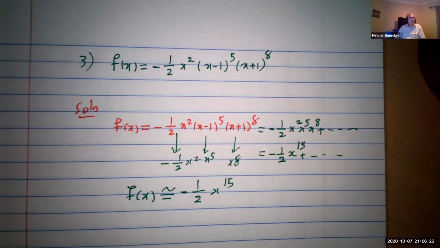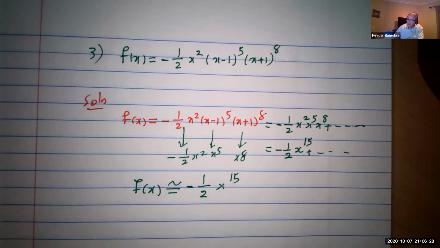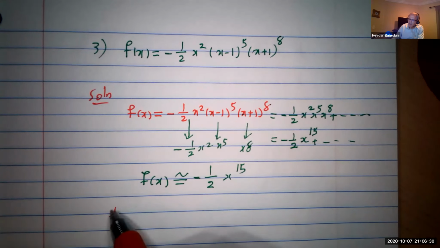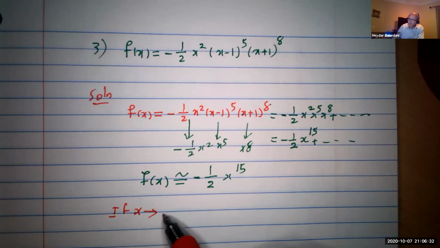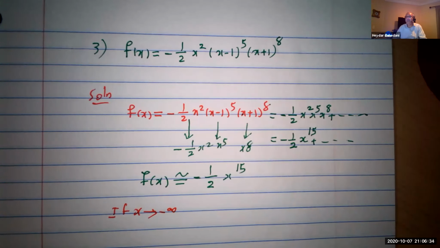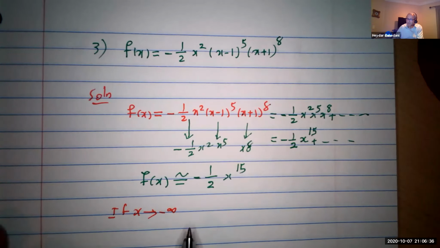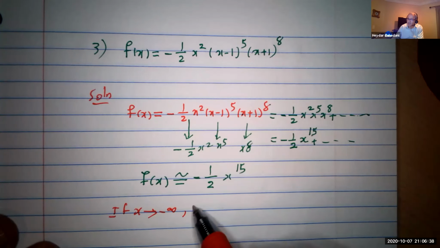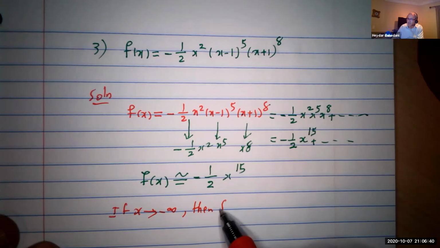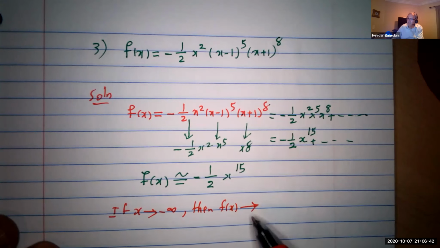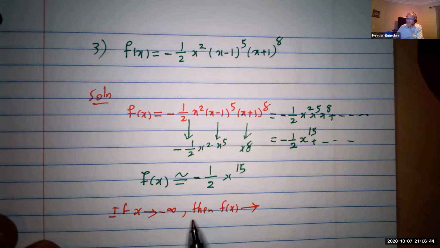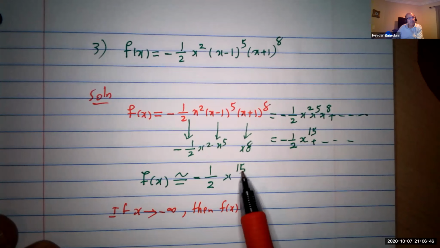Now we check the infinity. What are we going to have if x goes to negative infinity? What's going to happen to the function? Then f of x goes to, look, negative to the 15. 15 is an odd number.